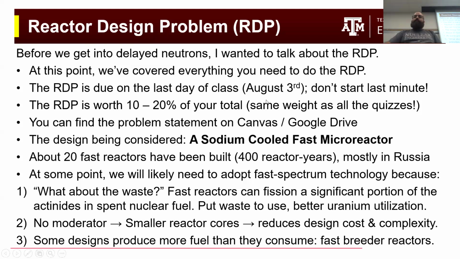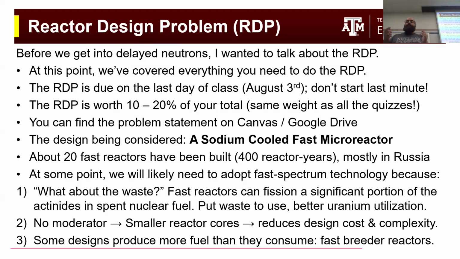So yeah, the reactor design problem, just make sure that we're aware that it is 10 to 20% of your grade, and it's a range because when I'm doing grades at the end, I pick that range such that it helps your grade the most. So maybe we don't do so well on the quizzes and we don't do so well on the first exam. Those would end up having the lower weights.